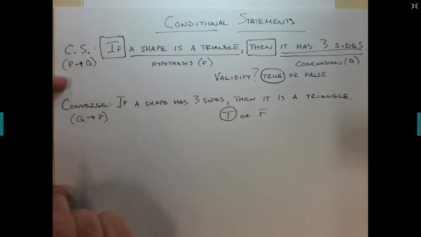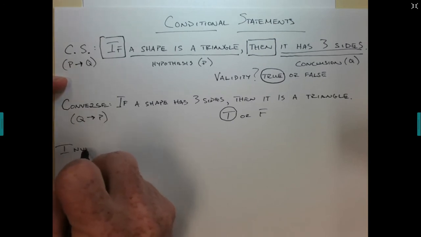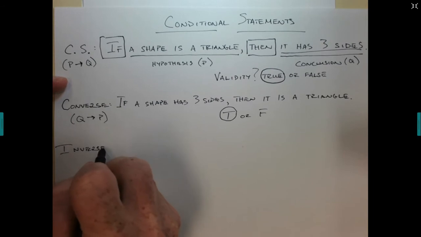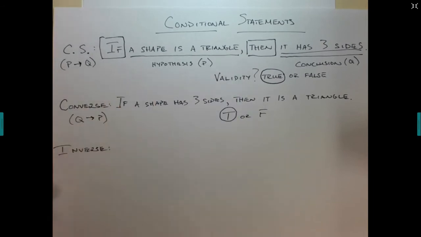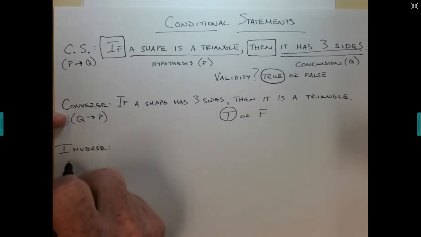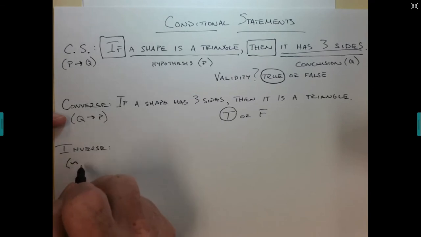Another way to mess with a sentence like this is we could write what's called an inverse. So again, we're always trying to adjust the original conditional statement and reevaluate its validity. Well, to write an inverse, this is some interesting symbolism. We're going to use this squiggle. We're not going to move the hypothesis.